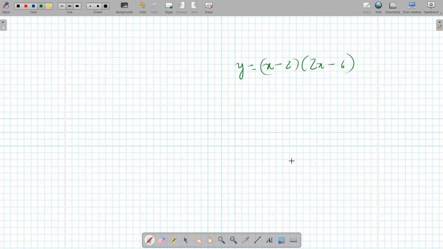Do I just flip the signs? Right. If there's nothing here, you flip the signs. But what you're technically doing is setting them both individually equal to 0. So what is x here? If you want to solve for x, what's x going to be? Just 2. What about on the other side? What's x going to be?